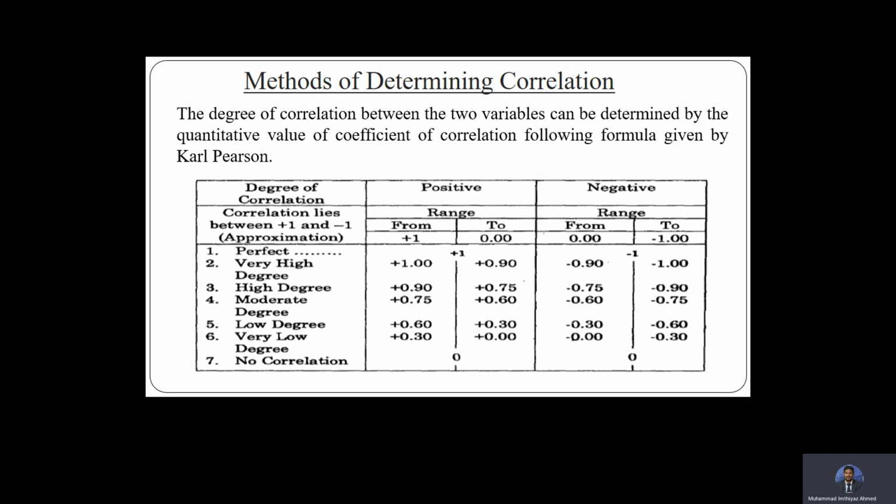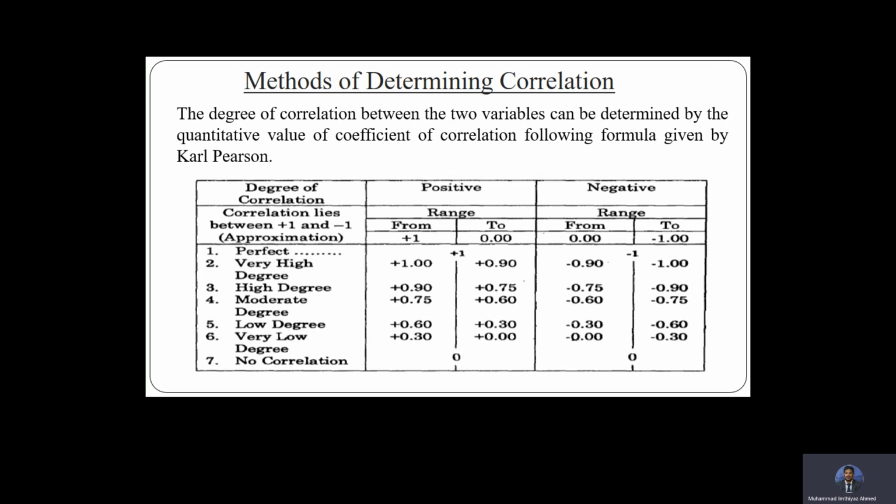Now if it is 0.75 and 0.60 in positive, moderate, means average. Then less than that, like 0.60 and 0.30, low degree. It means it is there, but not very strong. Then again 0.30 and 0.0, very low.